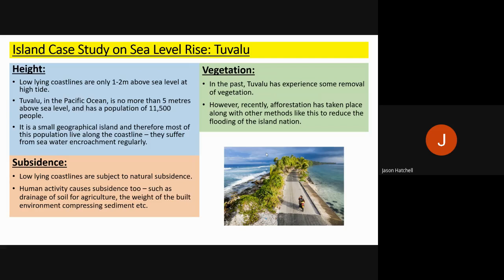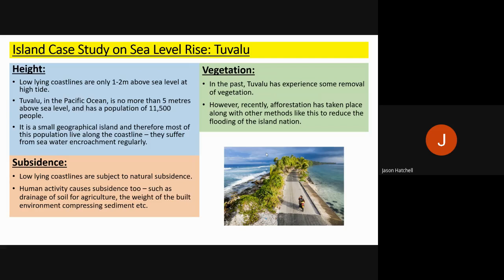Now, there are some problems that exist in Tuvalu as a result. Subsidence is one of them. Okay, and this is where human activity causes the land to essentially dip and slip. Okay, it causes it to sink. Agriculture, weight of building on landscapes, and compressing sediment all cause subsidence in Tuvalu. But also we have vegetation issues.